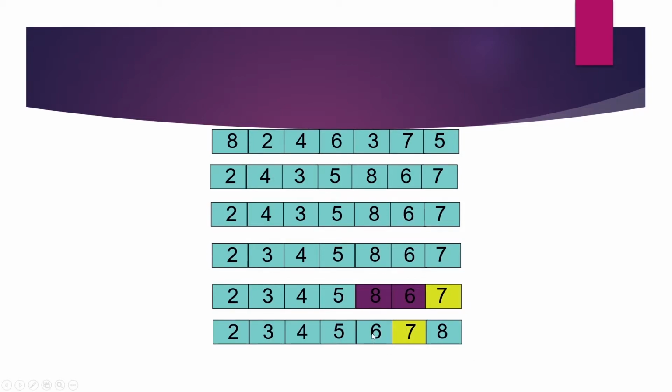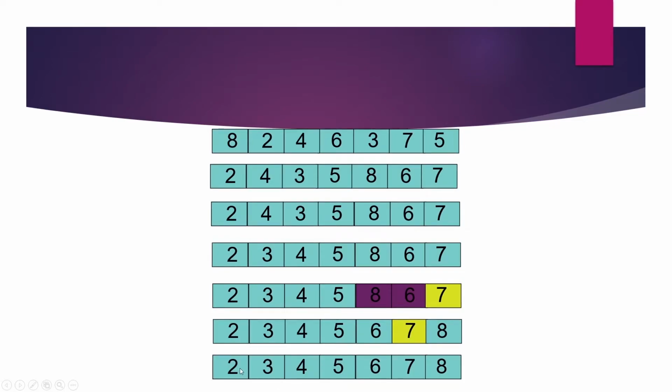So as you can see, 6 is smaller than 7, so 6 will be placed to its left, and 8 is greater than 7, so 8 will be placed to its right. Okay, now as you can see, our array is already sorted, and this is our final answer.